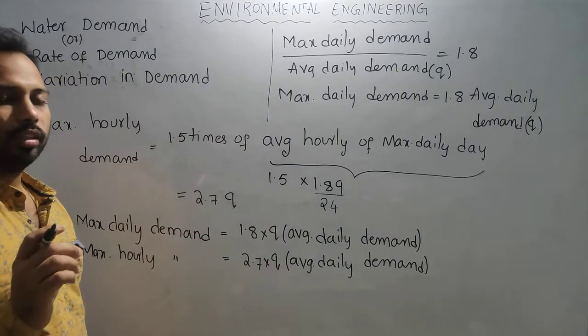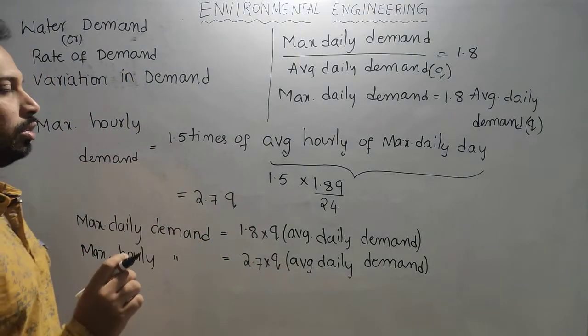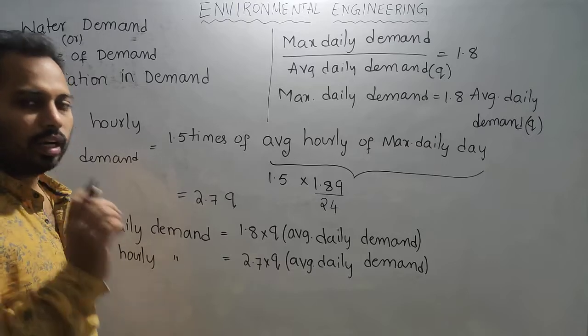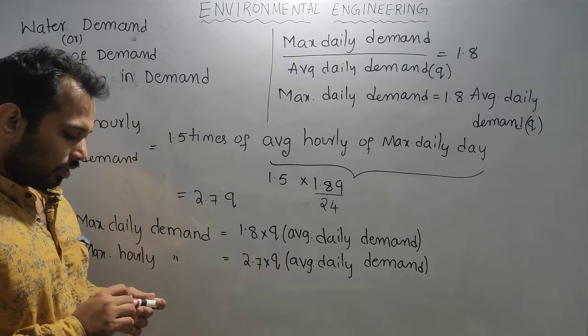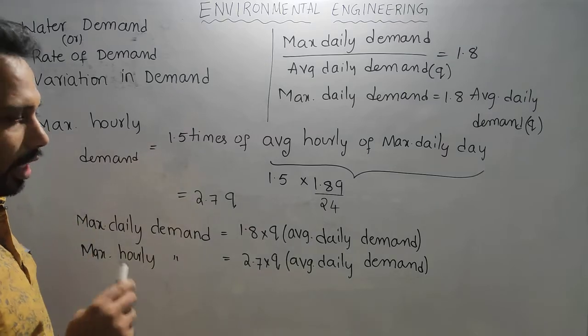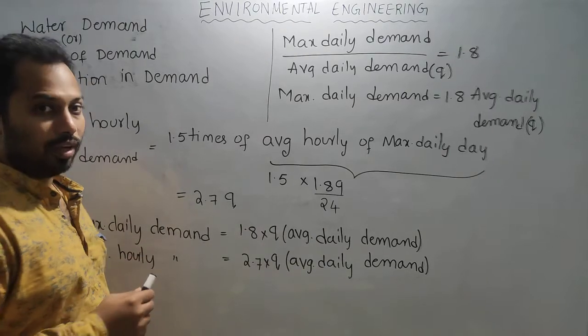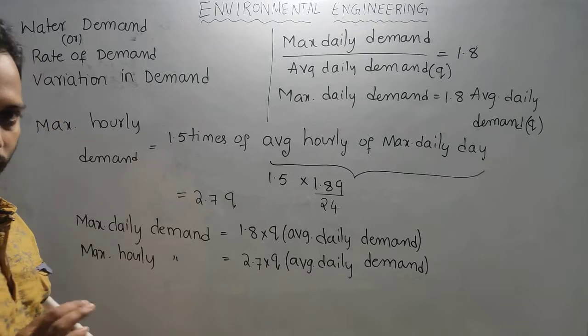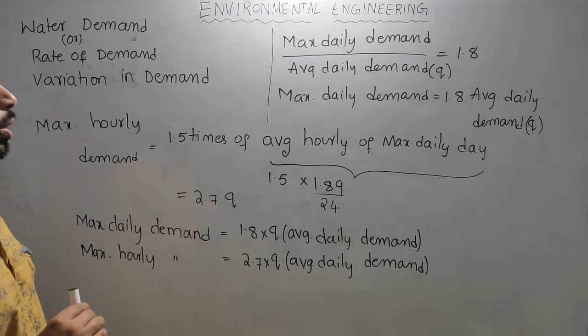See what the statement provided in the question is. Understand whether it is an hourly value or a daily value. If it is a daily value, then you need to divide it with 24. If it is an hourly value, you can directly take it. That is the only simple thing you need to look at in the question.